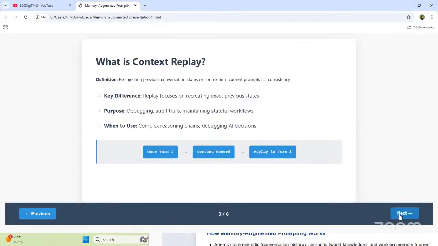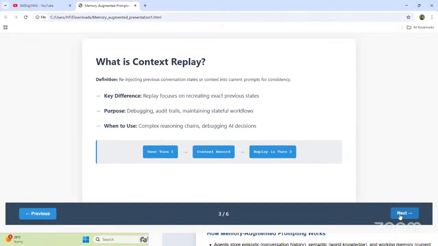While memory augmented prompting retrieves past context, context replay is about re-injecting exact conversation states. It's more like hitting the replay button on a previous reasoning chain, which is crucial for debugging, audits, or maintaining stateful workflows.